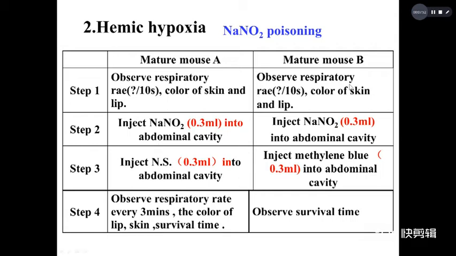Now animal B. Also, you observe the respiratory rate and color of skin and lip. Next, inject sodium nitrate into the abdominal cavity. Then inject methylene blue into the abdominal cavity. So animal B first gets sodium nitrate, causing hypoxemic hypoxia, and next methylene blue.